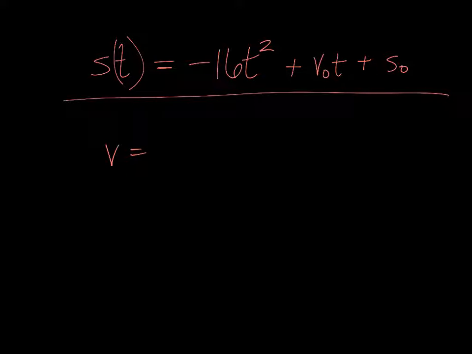First derivative of a position function is going to be speed. It's ds/dt. All right. So what would I do? Well, this is easy. The derivative of s with respect to t just means, bring that 2 down, minus 32t.